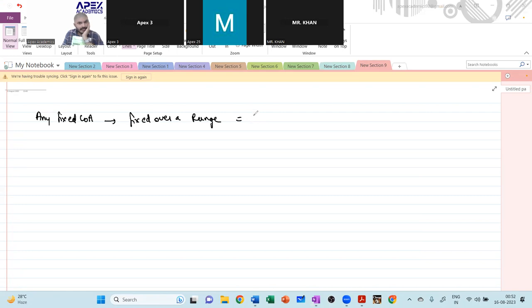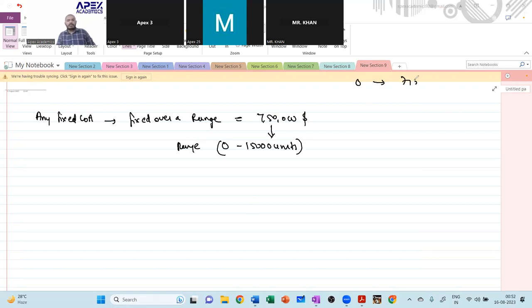Let me assume that your fixed cost of $7,50,000 is for a range of 0 to 15,000 units. This is your range. So whether you make 0 units, what is your cost? 750. Or if you make 15,000 units, what is your cost? 750.